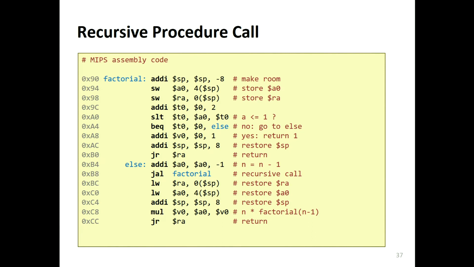In this part, at the end, if a is smaller than or equal to 1, you add the results essentially to v0. You add 1 to v0, and then you restore the stack pointer and call the return. Here you're adding back 8 because originally you decremented the stack pointer by 8.